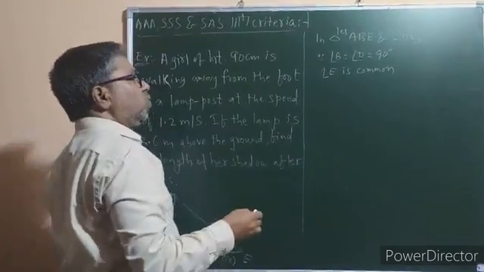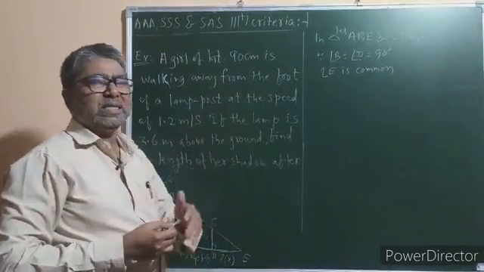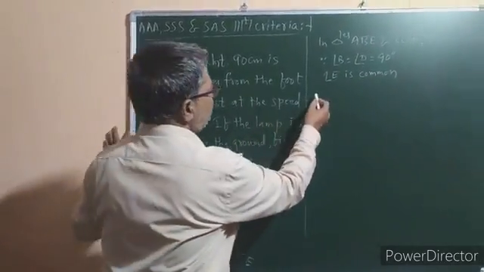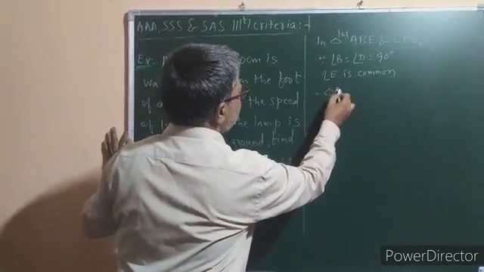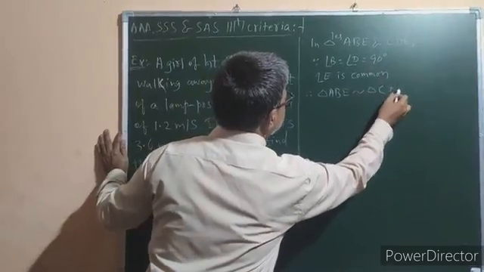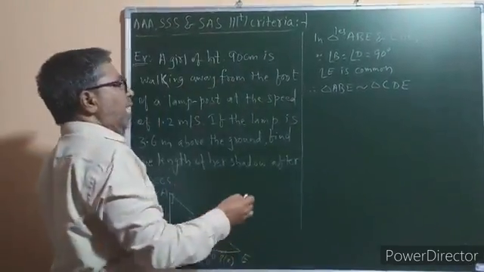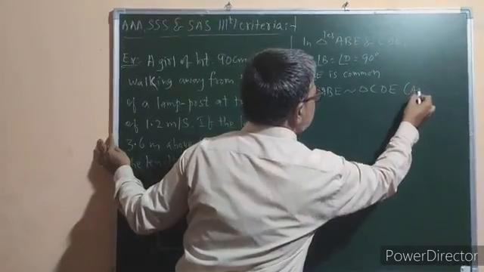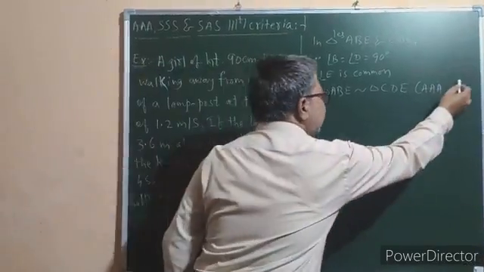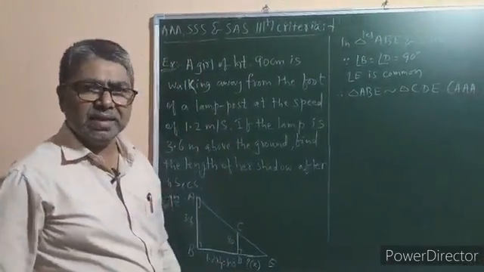If two angles are equal, then the third angle must also be equal. So hence triangle ABE is similar to triangle CDE by AAA criteria.